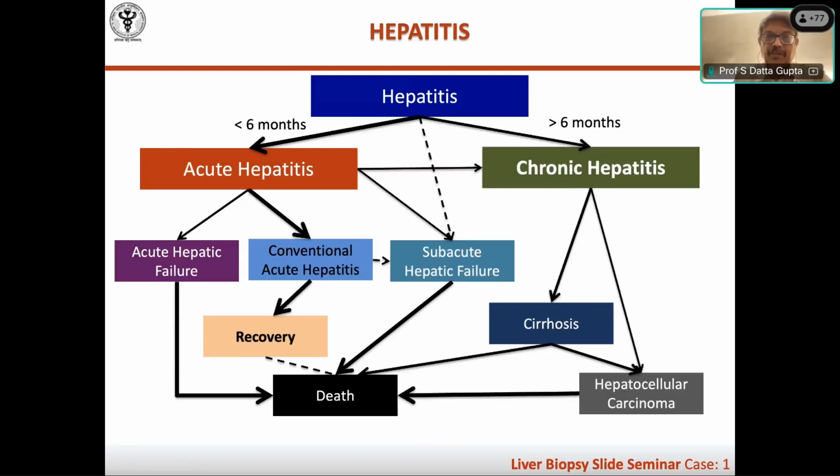Okay, acute, chronic. Conventional acute hepatitis: recovery. Acute hepatic failure: encephalopathy within 4 weeks. Subacute: 4 weeks to 6 months, encephalopathy, liver failure. Other than encephalopathy, in acute hepatic failure you have jaundice, then the INR becomes abnormal, right?